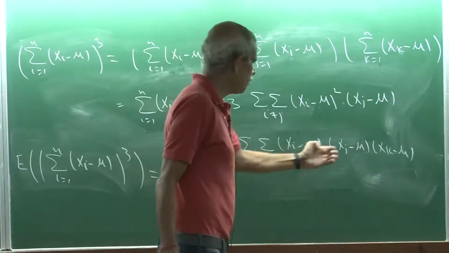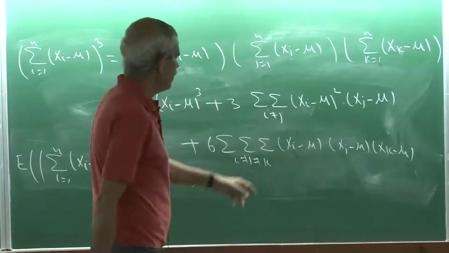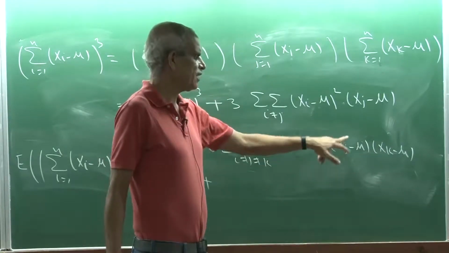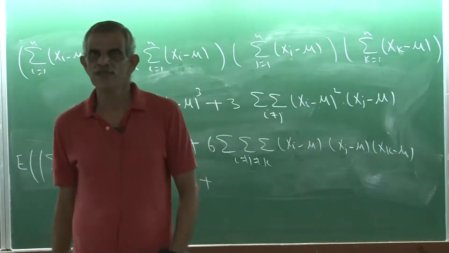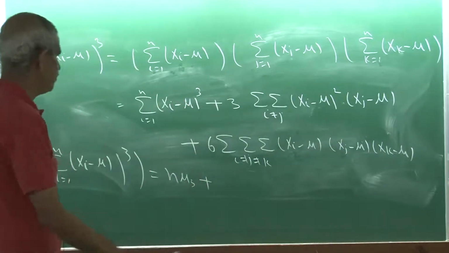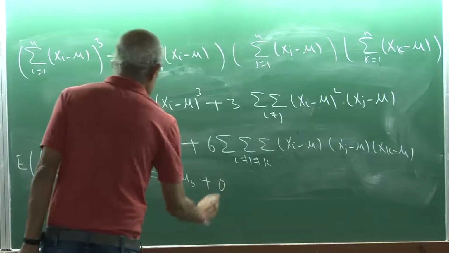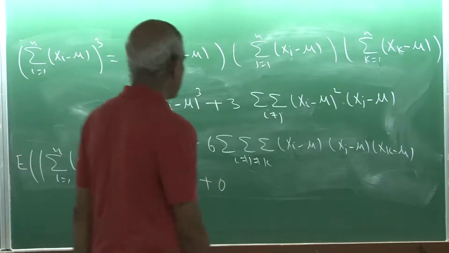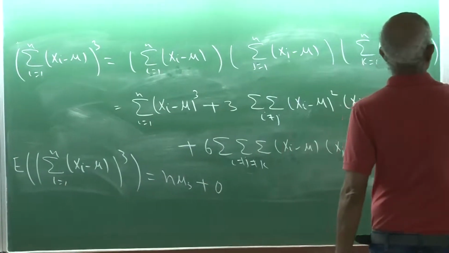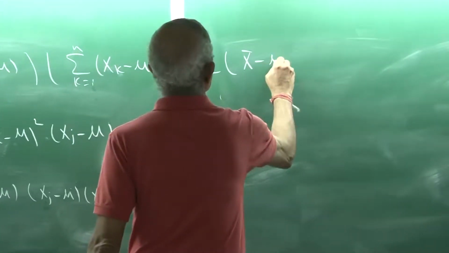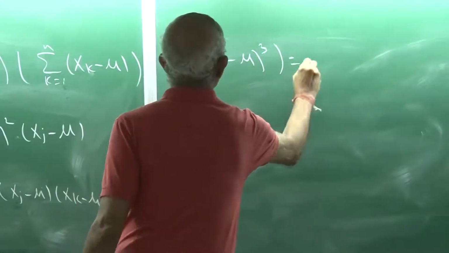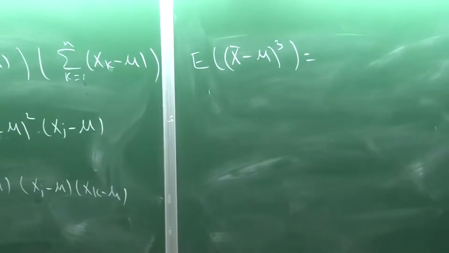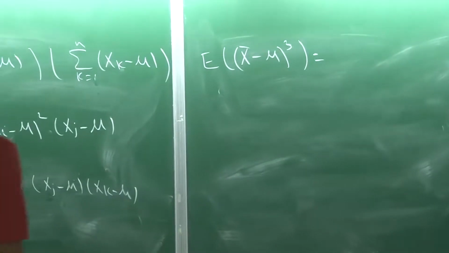Similarly here, because of independence of i, j and k, it would be the expected value of (xi minus mu) times the expected value of (xj minus mu) times the expected value of (xk minus mu). Each of them would be 0. So this is 0. So what do you get? The expected value of (x bar minus mu) whole cube turns out to be mu 3 upon n square.